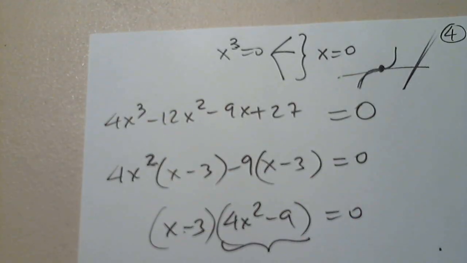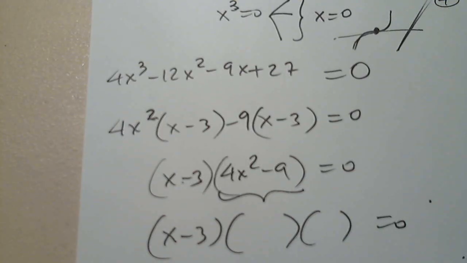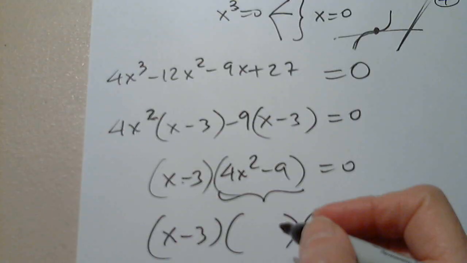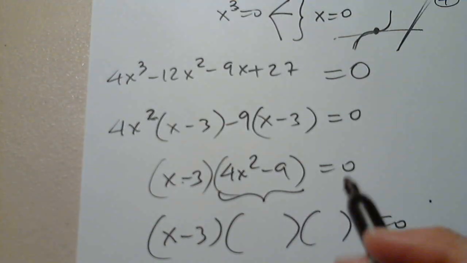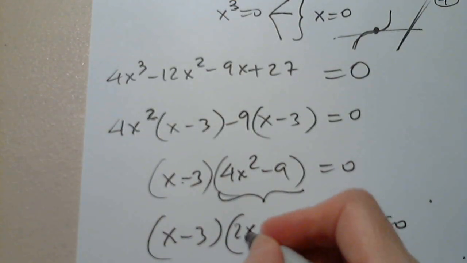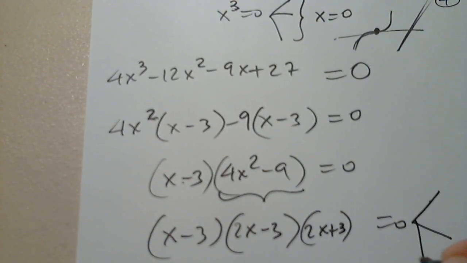How do I factor this? Is it 2x minus 3 and 2x plus 3? Very good. So here we have 3 solutions. What are they?